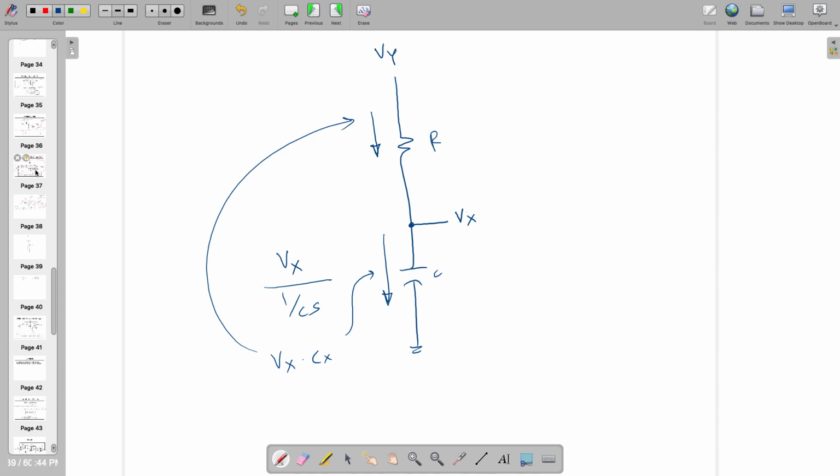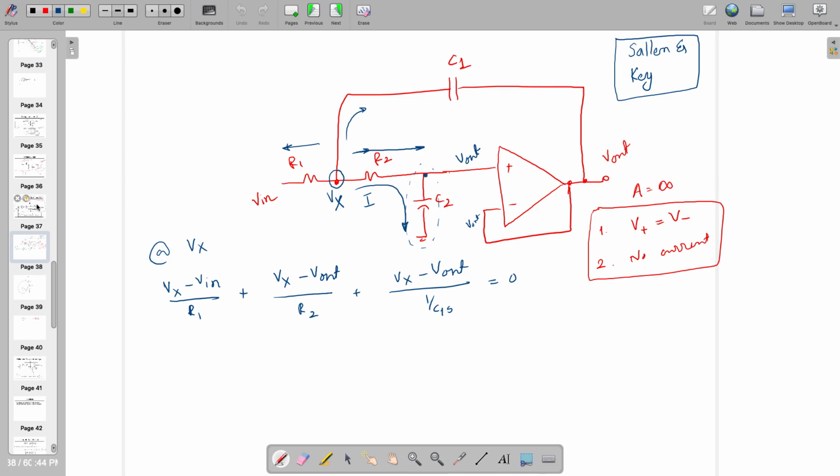So can you apply the same thing here? The current flowing through this resistance is the same as through C2. That will be equal to Vout times C2s. And I know that Vx is nothing but Vout plus the drop across R2, because you can see that I can apply KVL.